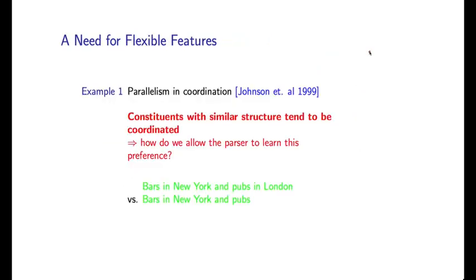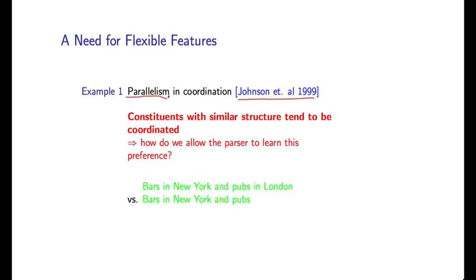So let me give a couple of examples of features in the parsing problem, which, as we'll see, are quite easily incorporated within a global linear model, but which are much more difficult to incorporate within, for example, a probabilistic context-free grammar. So this is one observation by Mark Johnson and some others from 1999, which is that there's a definite tendency in natural languages for something called parallelism in coordination.